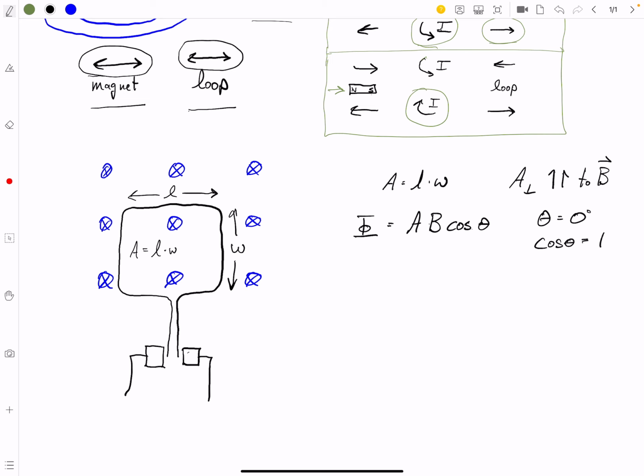So our flux is equal to AB. That is the magnetic flux passing through region A.